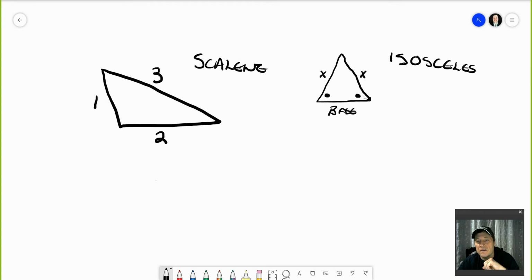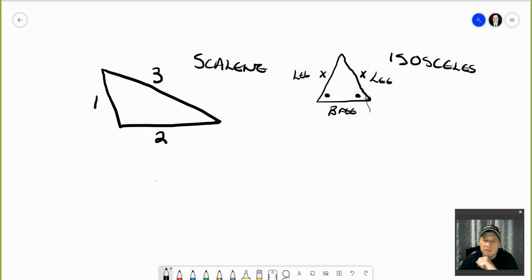This length here is called the leg, and this length here is called the leg. If you forget, think of a man's legs, and he's standing on the ground. I know it's horrible, but whatever helps you remember. So that's the base. These are your base angles. Those two angles are the same. These two lengths are the same.